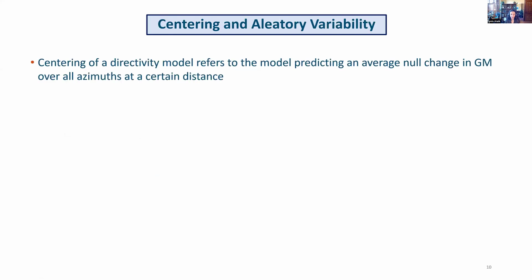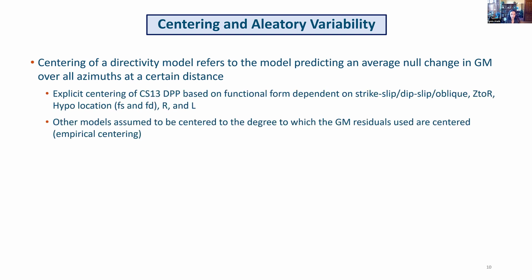Just a couple of points here that are relevant to the directivity models. First is centering, and we know that centering of a directivity model basically refers to the model predicting an average null change in the ground motion over all azimuths at a certain distance from a rupture. So basically that ensures that the model does not on average change the magnitude or distance scaling that are inherent in the GMPE.